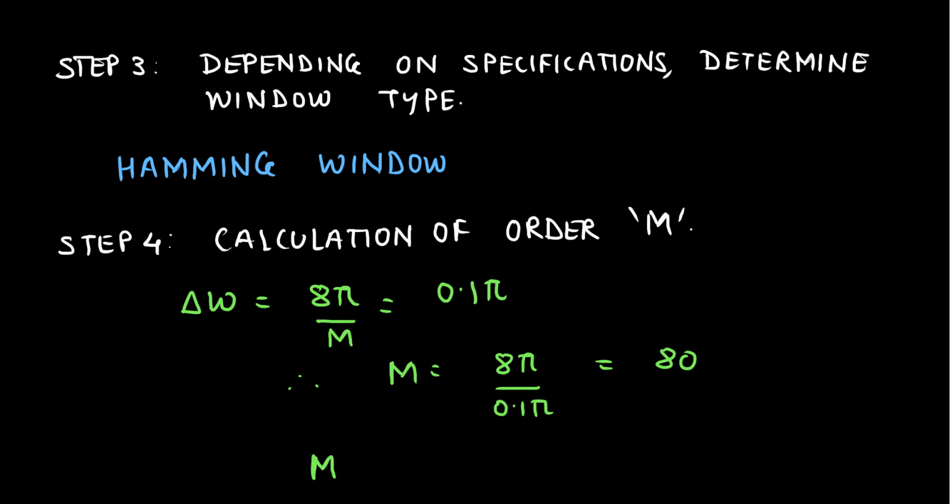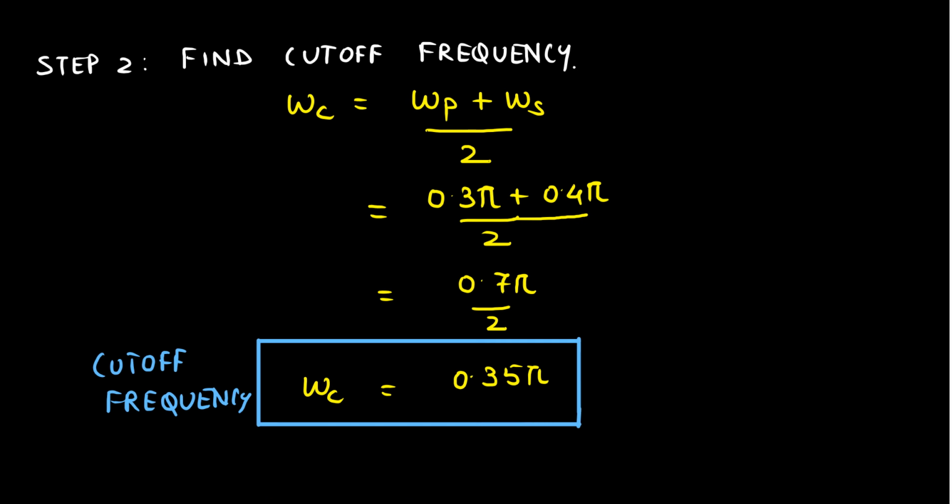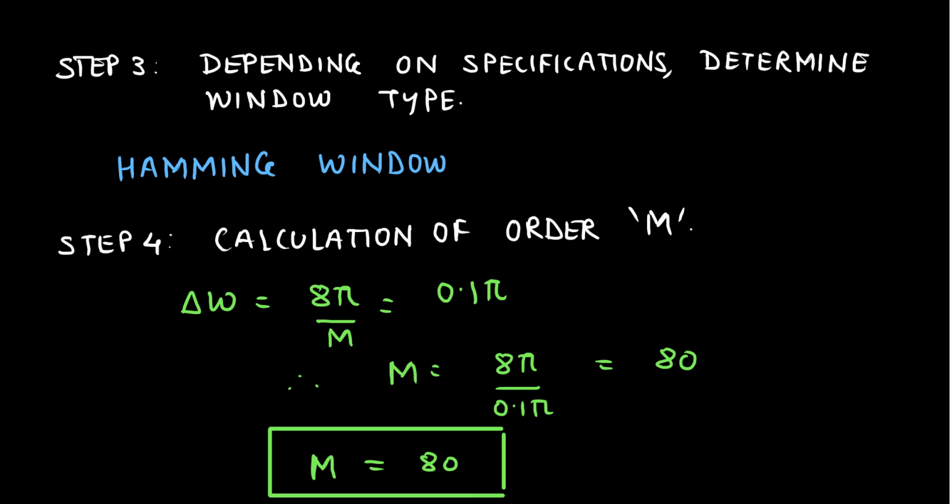So the order of the filter is 80. So now we need to design a low pass FIR filter with cutoff frequency 0.35 pi and order 80, and the window that we are going to consider is the Hamming window.